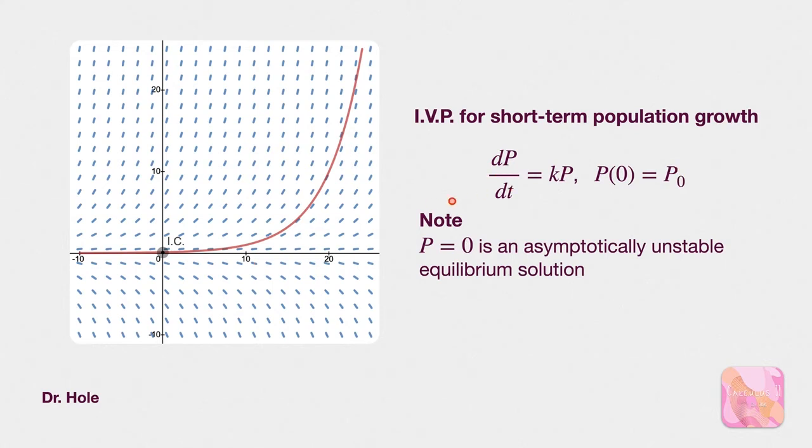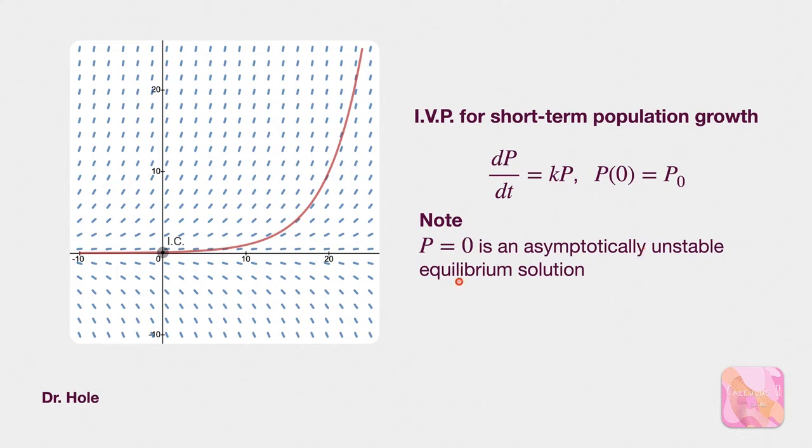However, mathematically speaking, we can set up an initial condition for P naught being negative, and we would produce solution curves which would asymptote to negative infinity, leading to the notion that the equilibrium solution, P equals 0, is asymptotically unstable.